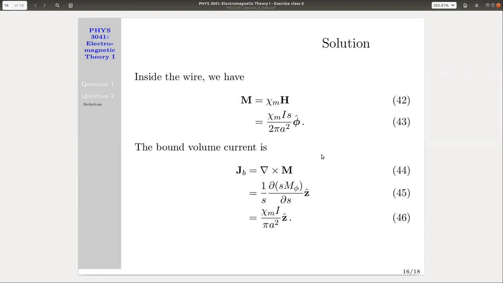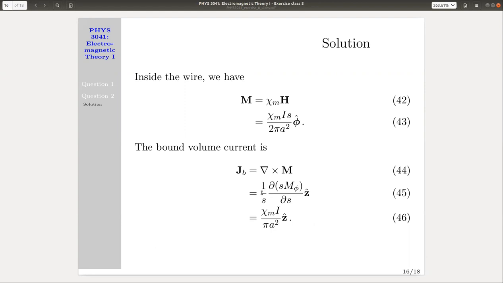Here we have cylindrical coordinates, and you can simply look at the table to check the expression of the curl in the cylindrical coordinate system.